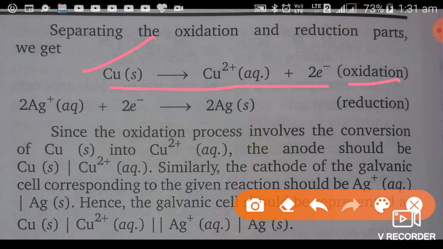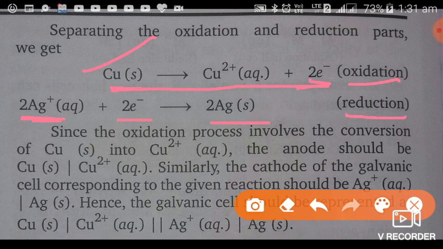This point is already clear to you. Now the other part of this redox reaction is silver ions, and 2 silver ions are required here. Why? Because per atom of copper, 2 electrons are given. Therefore, for taking 2 electrons, 2 ions of Ag1 positive are required, and after taking these electrons, silver is neutralized.